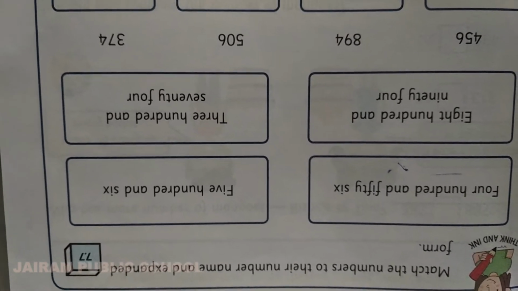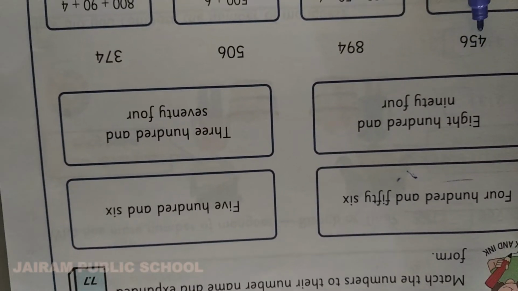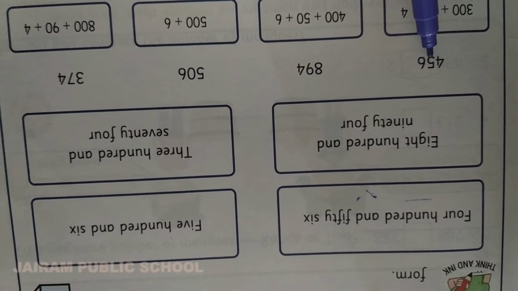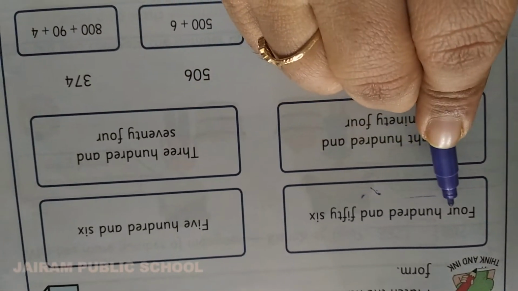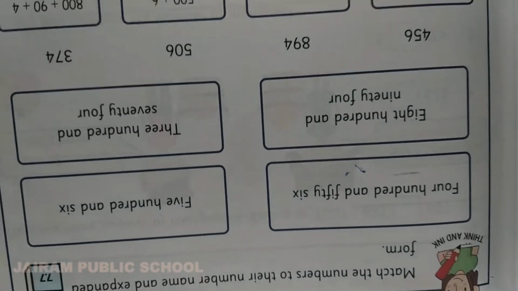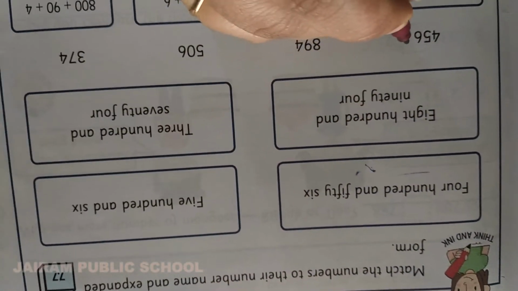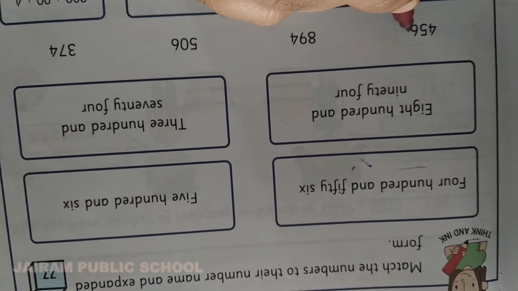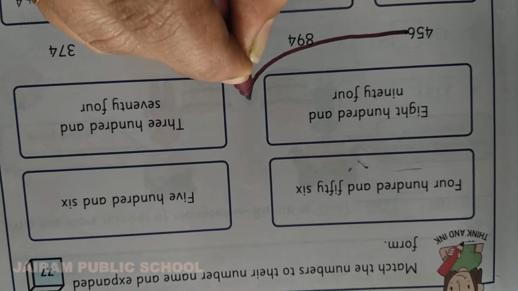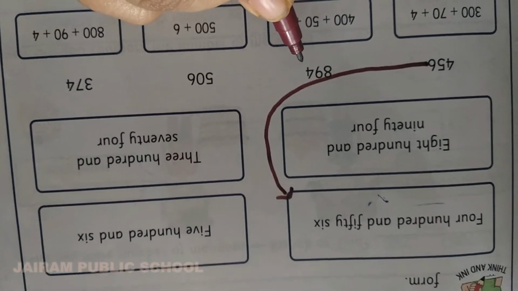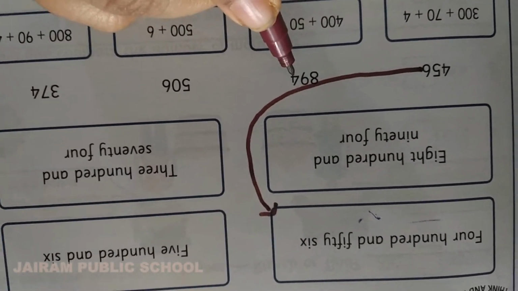You want to match with the number names. See here, 456 is there. So the number name for this number is here, 456. So you want to match it from here to here. And the second number is 894. So where is that?